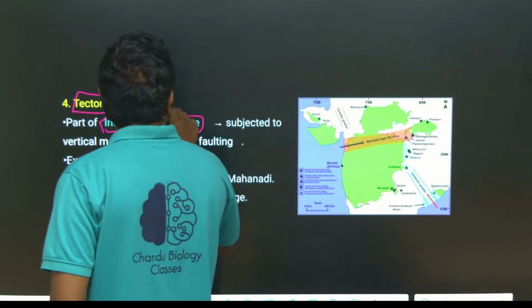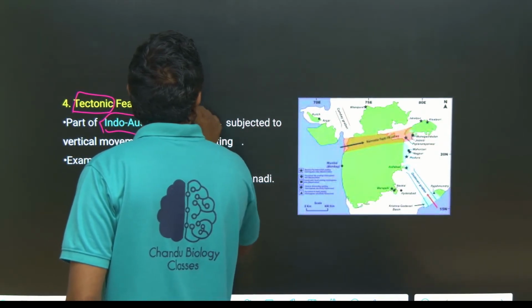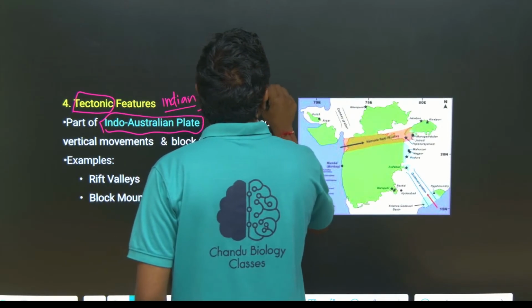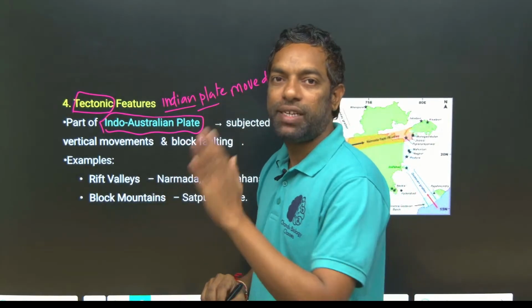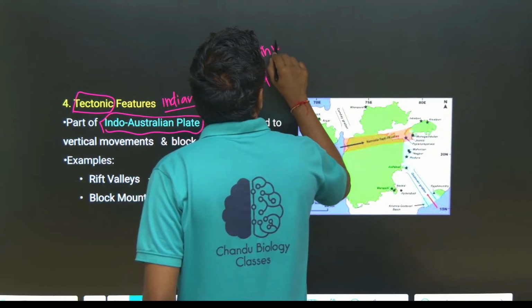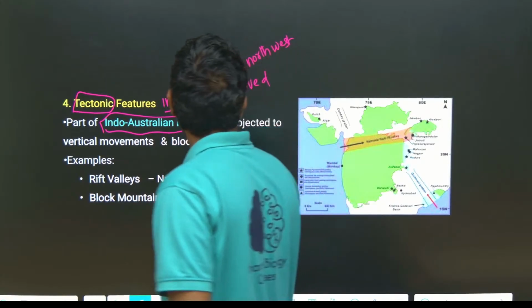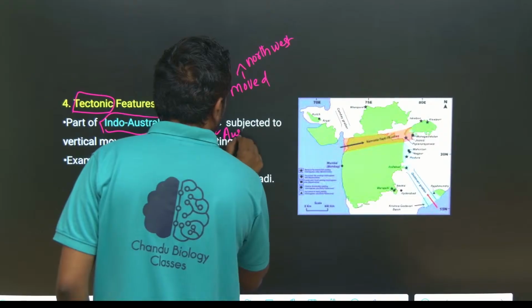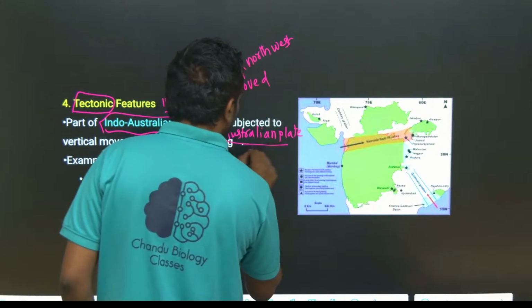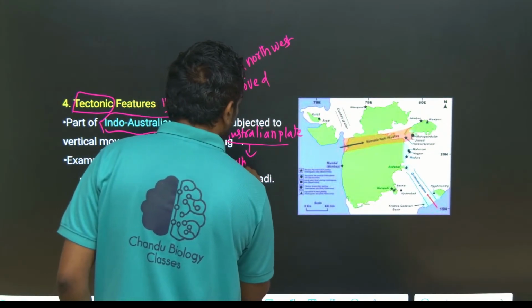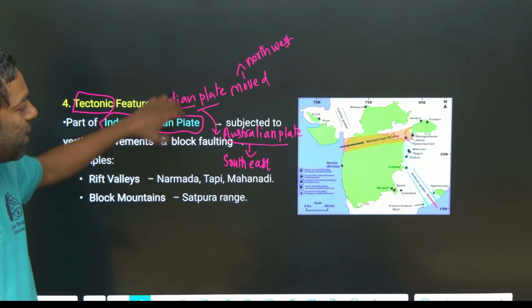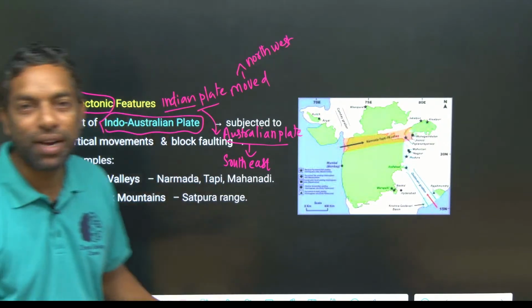The Indian plate moved northwest and the Australian plate moved towards the southeast. Together, this is the activity of tectonic plates.